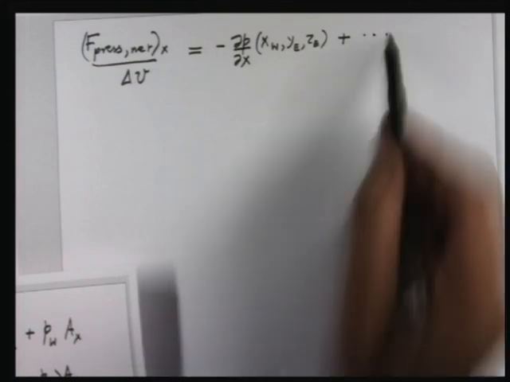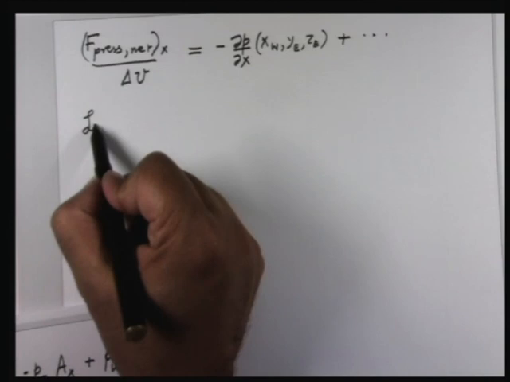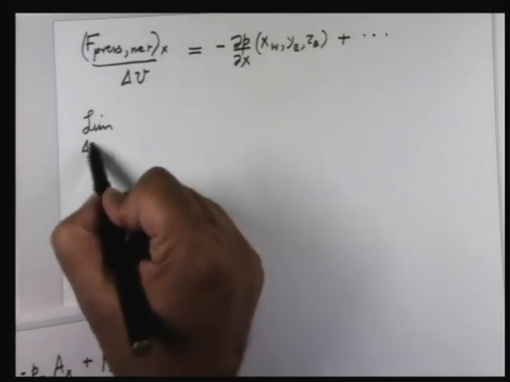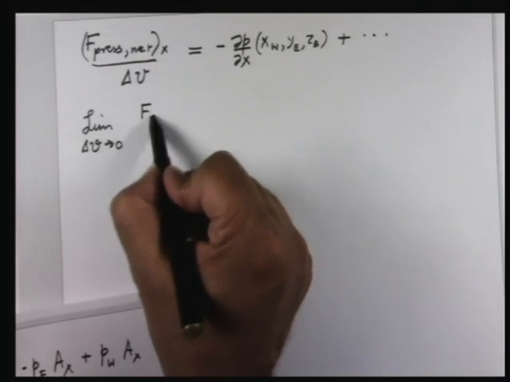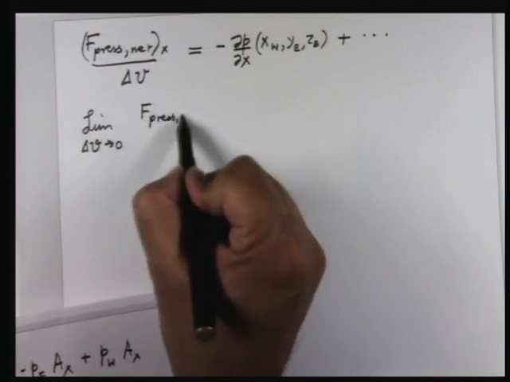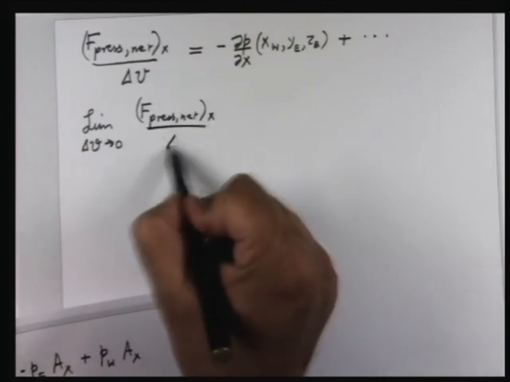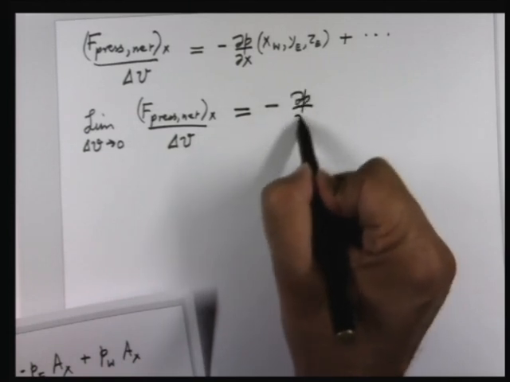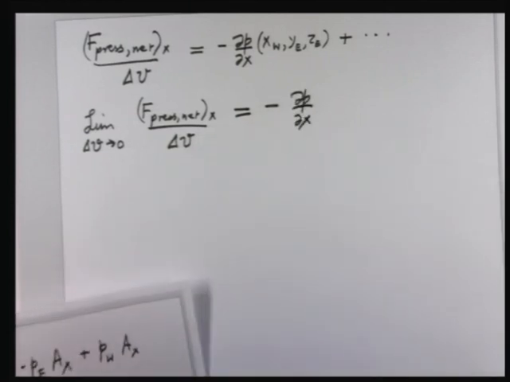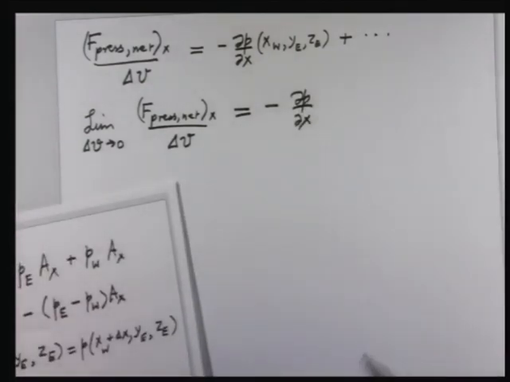These terms will go to 0 if you take the limit delta V going to 0. So the limit as delta V goes to 0 of F pressure net X by delta V is equal to minus del P del X. Once you shrink delta V to a point, this will be del P del X at that particular point, so I am simply writing del P del X.